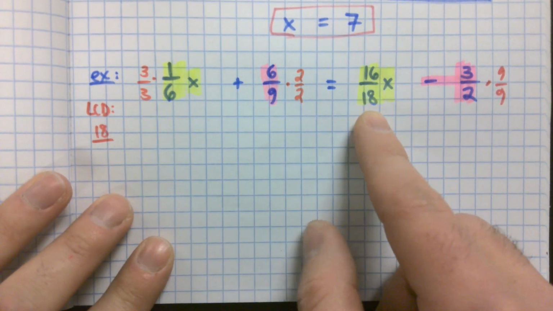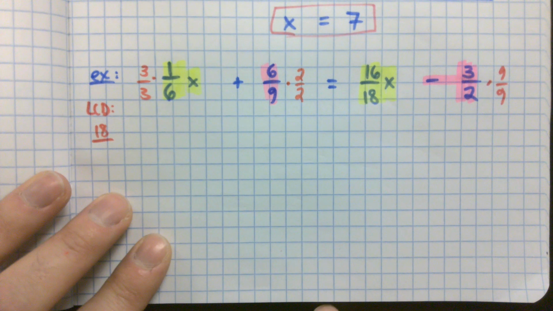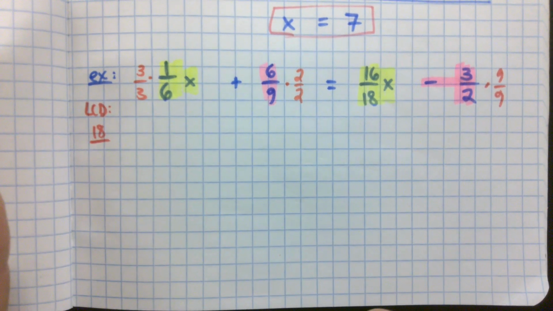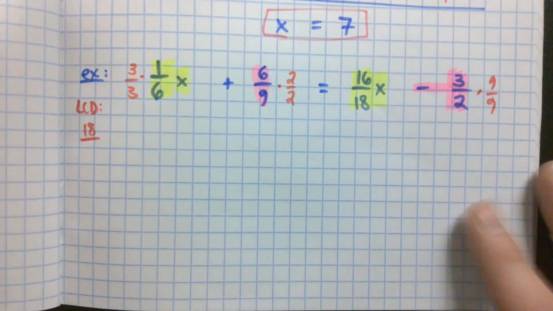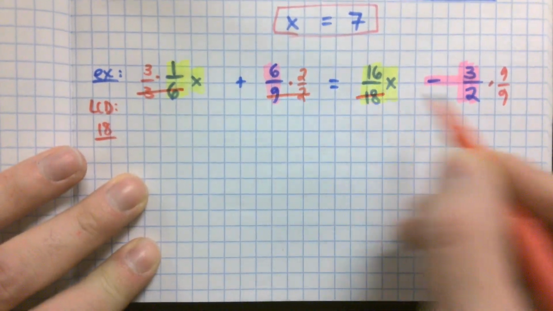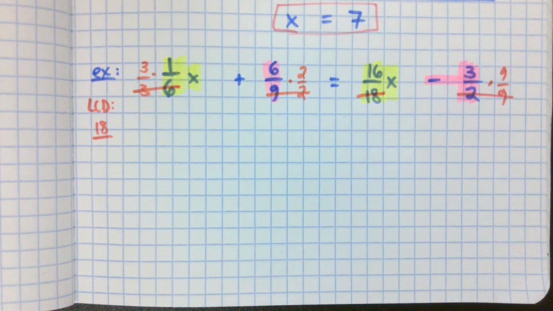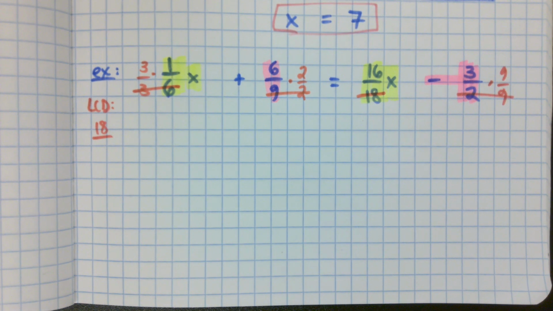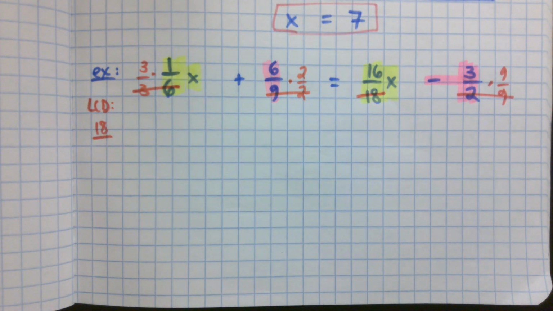I've got an 18 there. 2 times 9 is going to give me 18. Everyone see what I mean by that? We see that we're going to have identical denominators. So let's just cross them out now. Just like that.